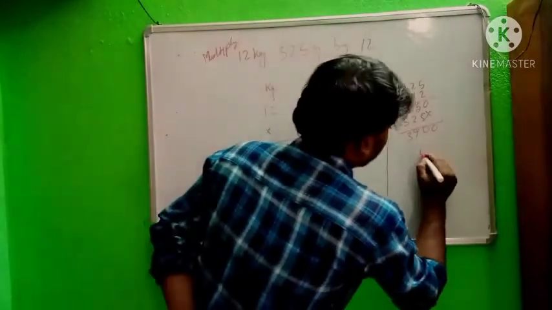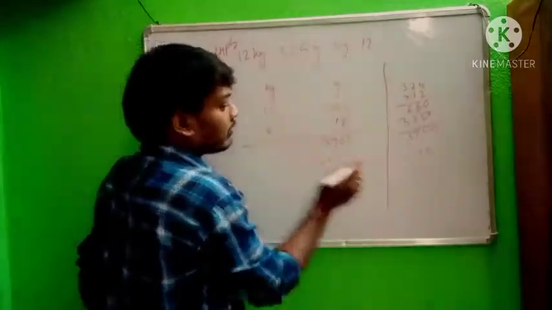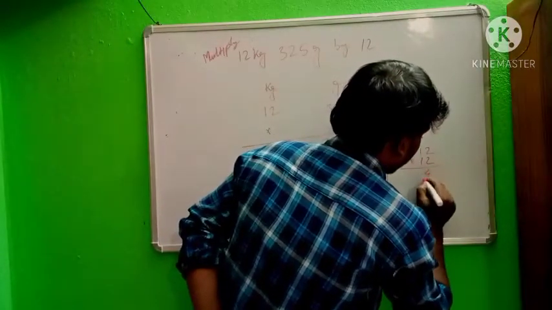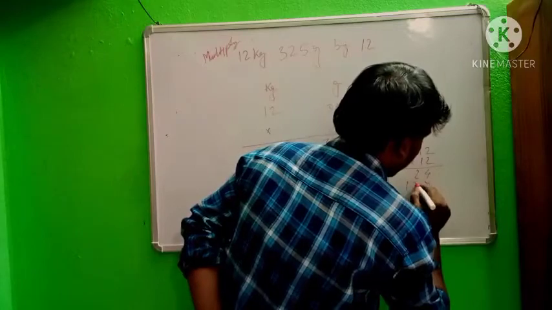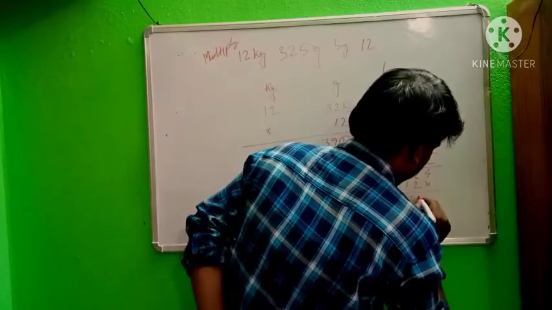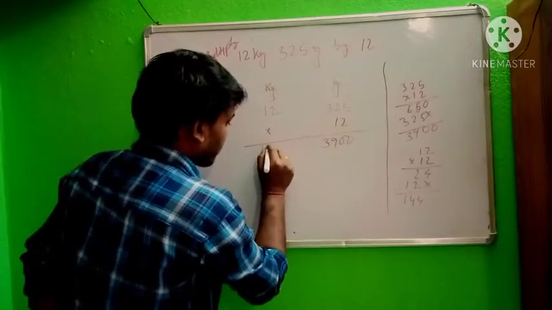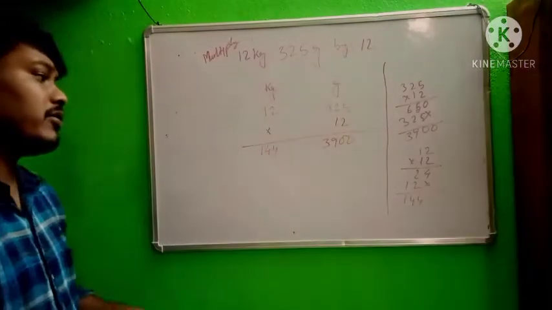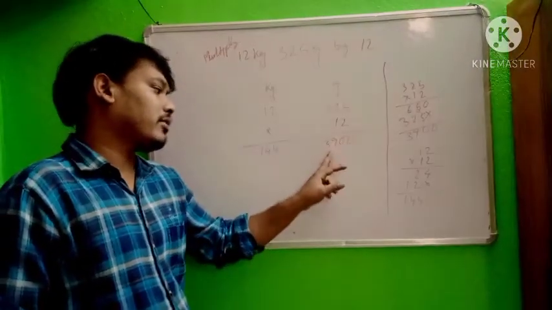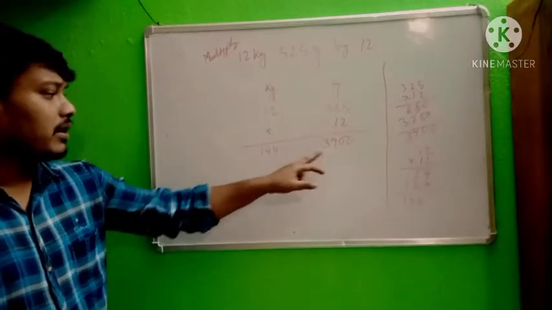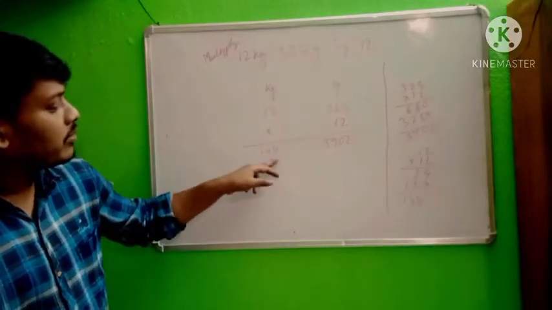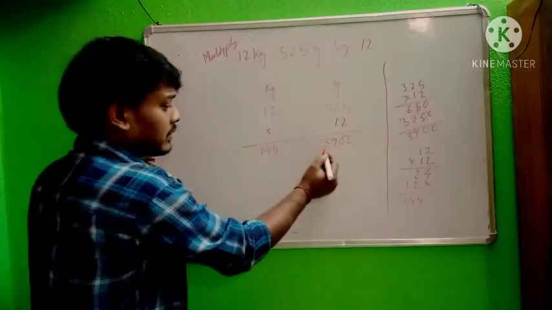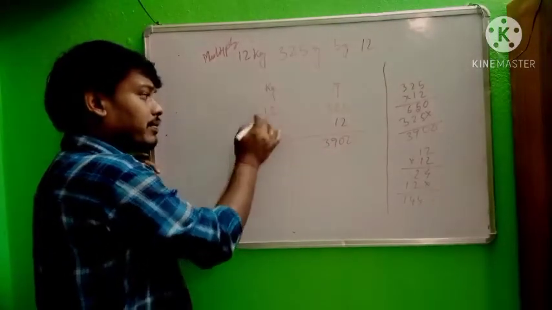And another value is 12 into 12. So 12 into 12 is 144. And we know that in the grams column we put only 3 digits, so these three will come into the kg column. So these three add with the value of kg.